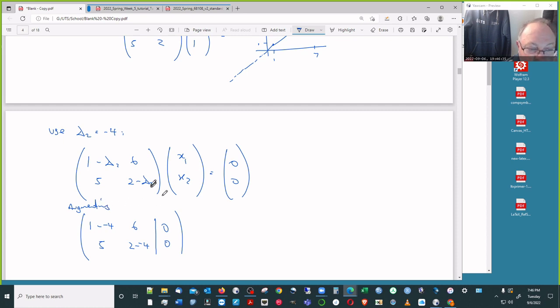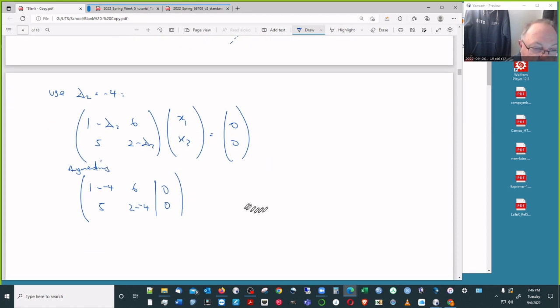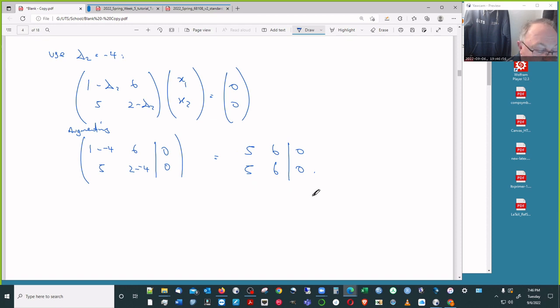So we're going to the other form. So I can just do our equivalents. So 1 minus -4 is 1 plus 4. And I'm going to drop the brackets. And 2 minus -4 is 2 plus 4. Okay, and we'll get a similar scenario.